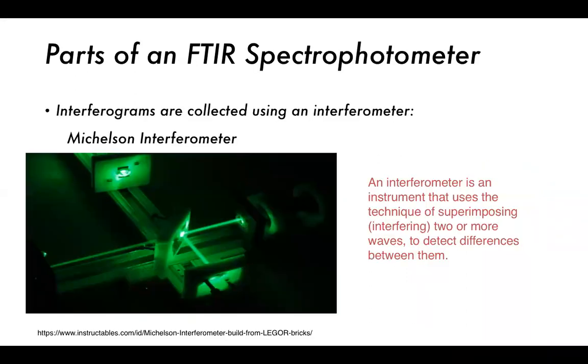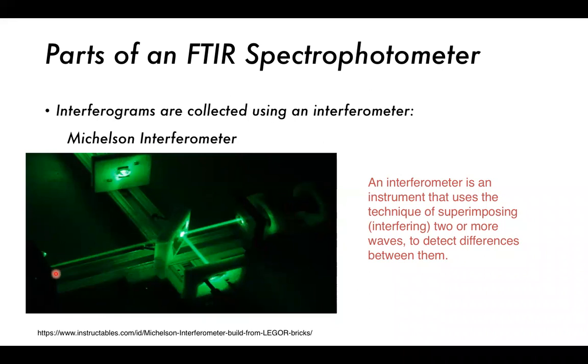So, parts of an FTIR spectrometer. Interferograms are collected using an interferometer. The classic one is the Michelson interferometer, which is used inside of the FTIR spectrometer. We can see here the workings of one inside of an FTIR spectrometer.